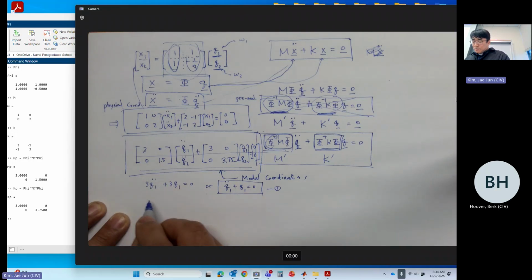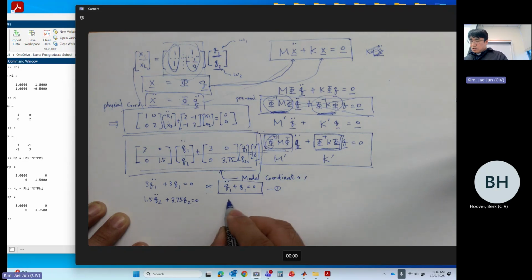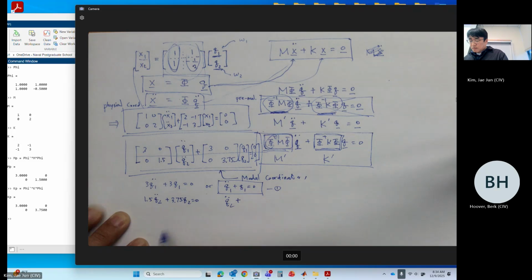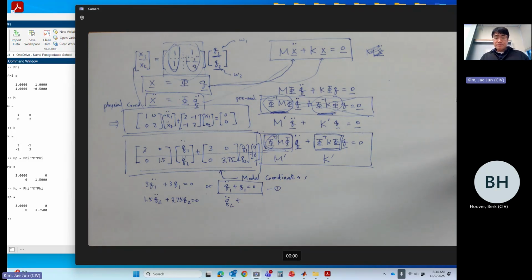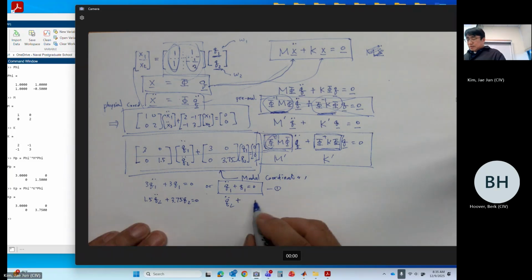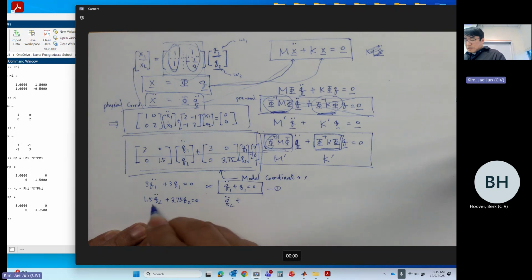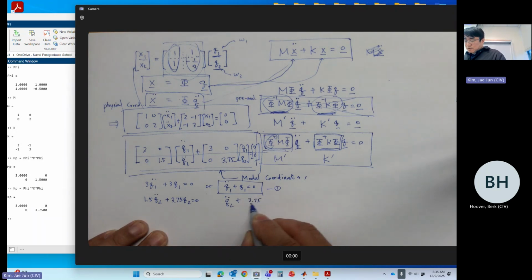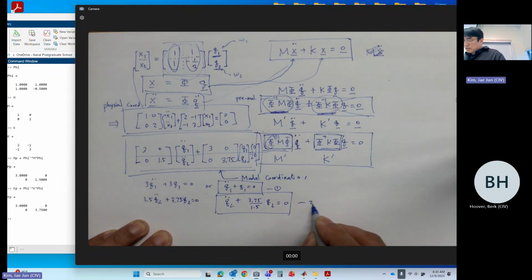If you look at the second equation, 1.5 Q2 double dot plus 3.75 Q2 is equal to 0, or Q2 double dot plus 3.75 over 1.5 Q2 is equal to 0. So this is the second equation, right?